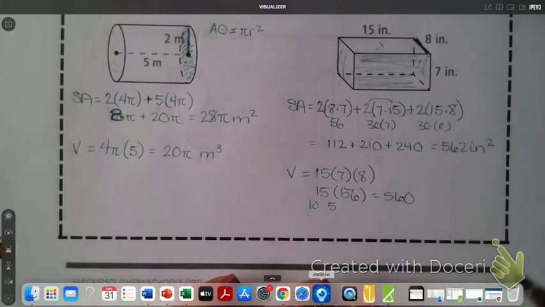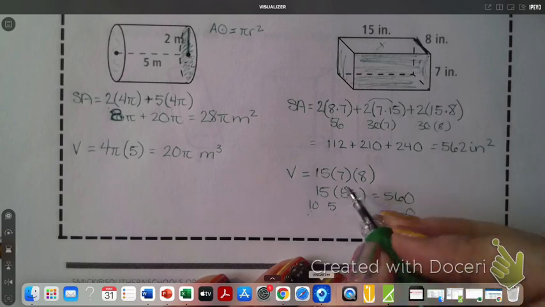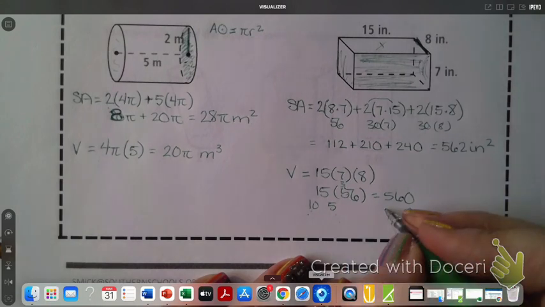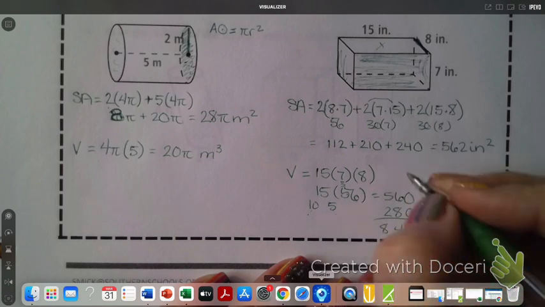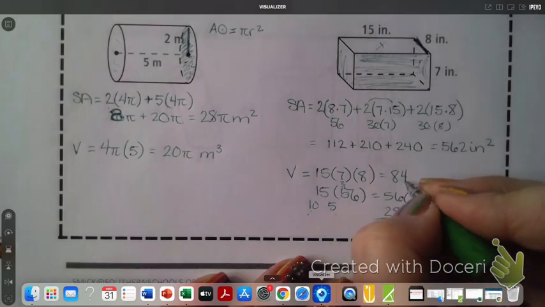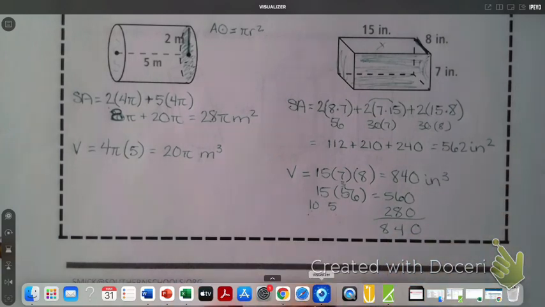So 5 times 6 is 30, carry a 3. 5 times 5 is 25, plus 3 is 28. And then I just add these two numbers. 840. And then inches cubed.